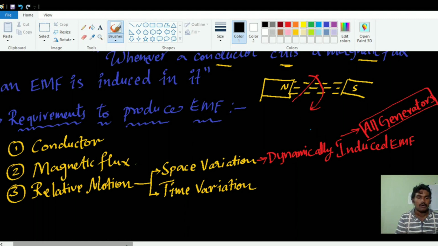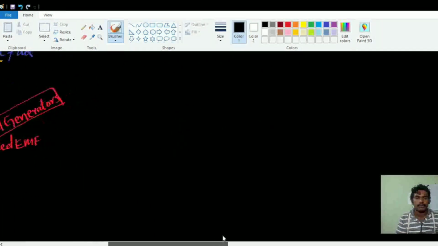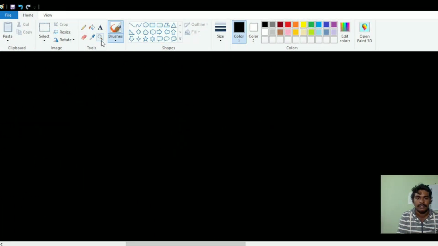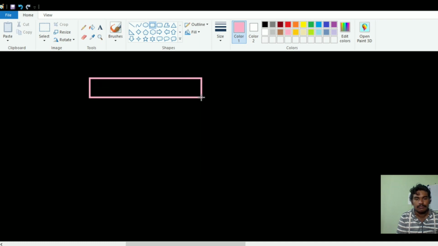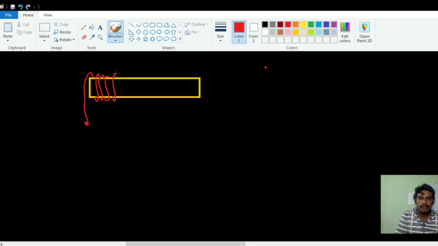Now, how do we electromagnetize a magnet? How do we make an electromagnet? It is a well-known concept. Suppose there is a bar like this, and on this bar let us make a winding, a coil winding, in this way.